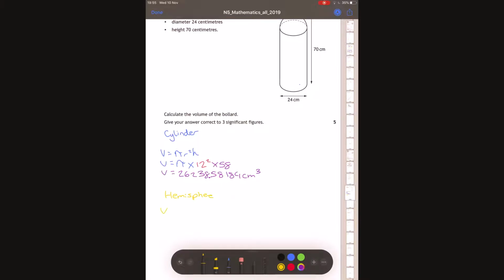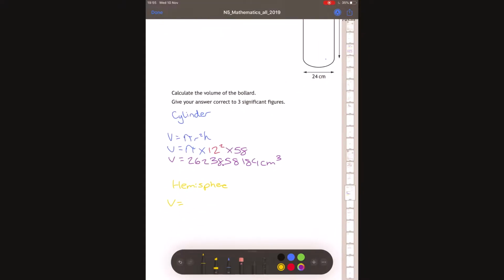So volume of hemisphere is equal to half of the volume of a sphere. The volume of a sphere is 4 over 3 pi r cubed. I just got that off the formula sheet, but we're multiplying this by half. So we can put that all in a nice big bracket.